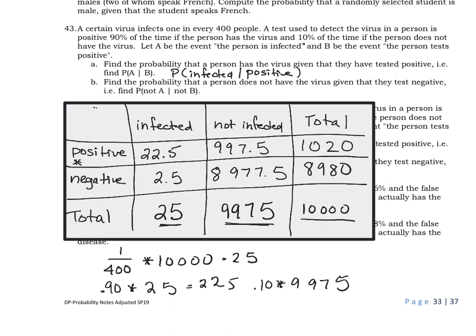So that's what we're looking for right here. Okay? So remember, we're only going to look at the total since it's a conditional probability. Our total is not going to be the 10,000. It's going to be the 1,020. And how many of those tested positive? 22 5/10. And generally speaking, we multiply by 100%.